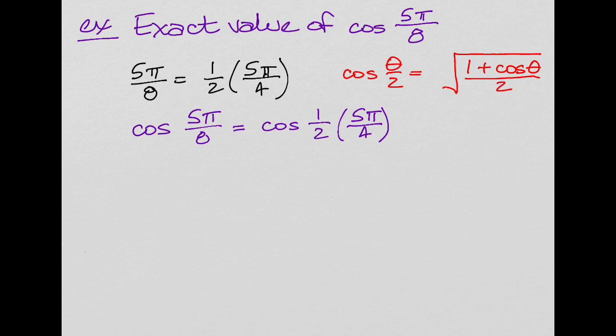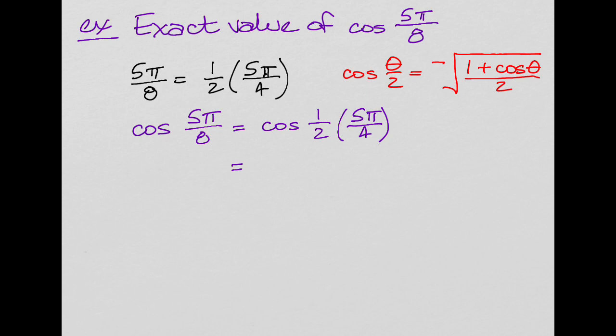And I need either a positive or a negative out here. What determines that? Well, the angle whose cosine we're trying to find determines that. 5 pi over 8 is in quadrant 2, and in quadrant 2, cosine values are negative, so I need the negative.